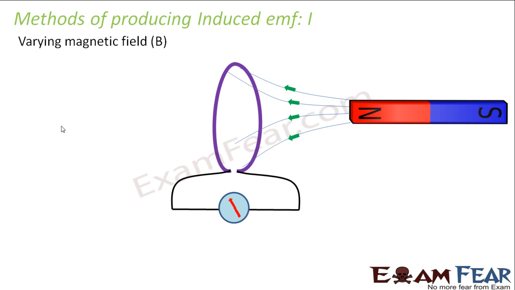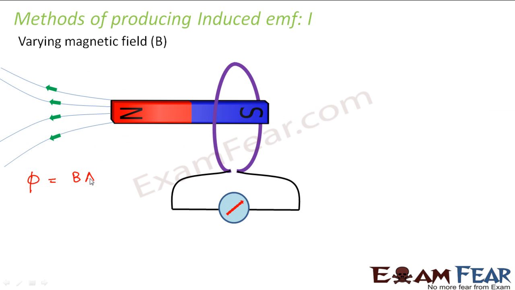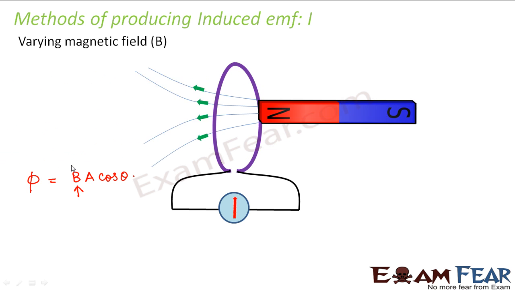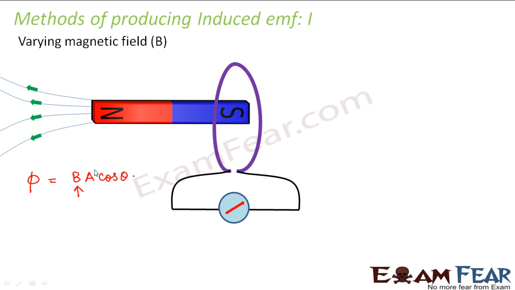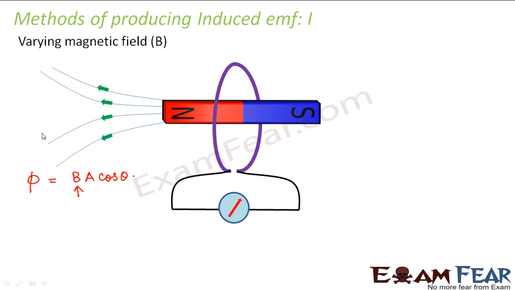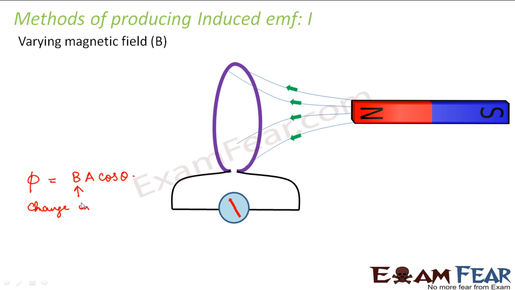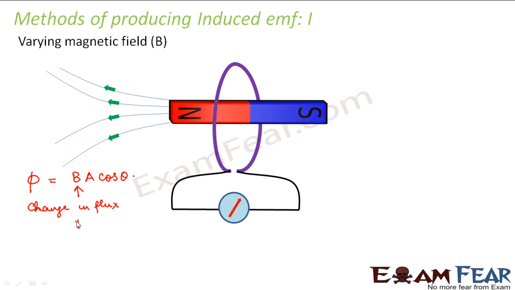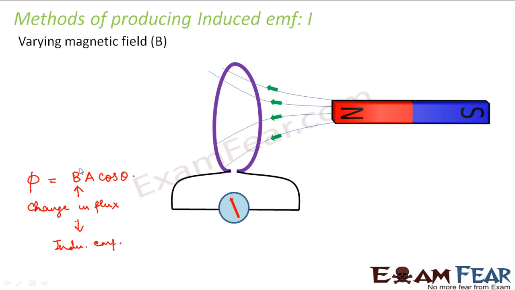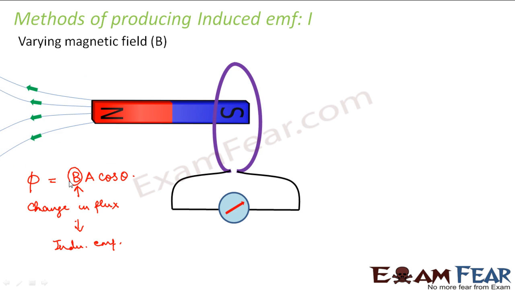Even with your mathematical expression, flux is nothing but B A cos theta, it is B dot A. So if you change the strength of the magnetic field, if you first increase it, then decrease it, the value of your flux will also change, and whenever there is a change in flux, it will result in induced EMF. So by changing the strength of the magnetic field, we are able to produce induced EMF.